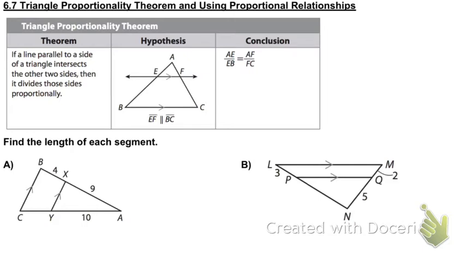So AE, the top half of this line, over EB, the bottom half, is going to be equal to AF, the top half of the other side, over FC, the bottom part of the other side. That's what results from that. So because they're parallel and it intersects the other two sides, we could say this over this is equal to this over this.